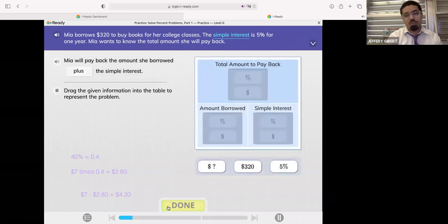Drag the given information into the table to represent the problem. All right, so Gene, which one are we trying to figure out? How much to pay back or how much Mia borrowed?